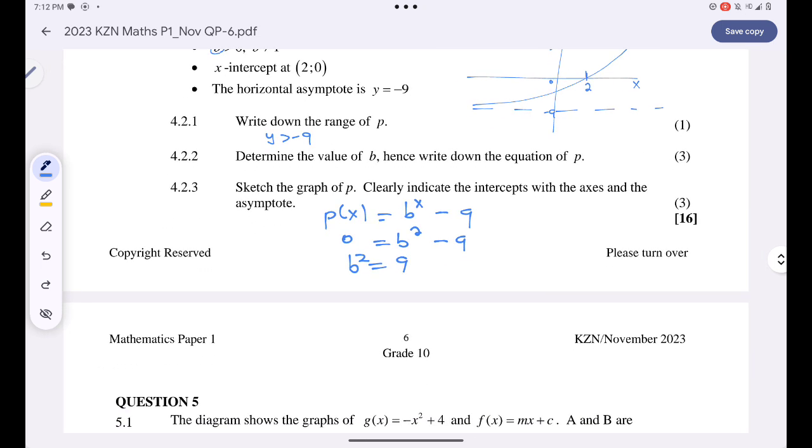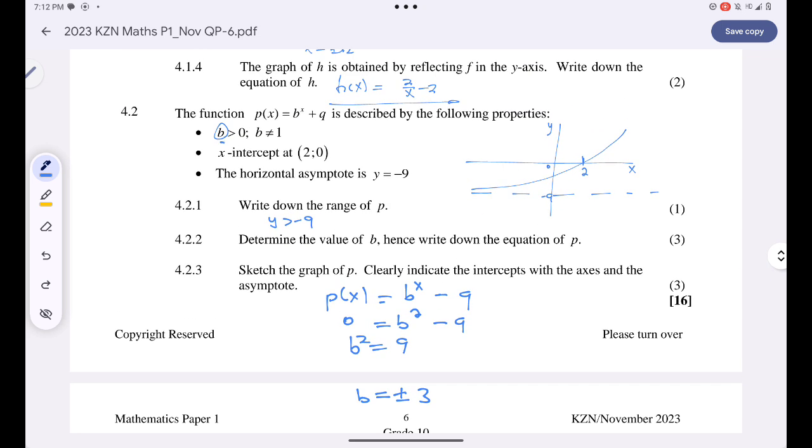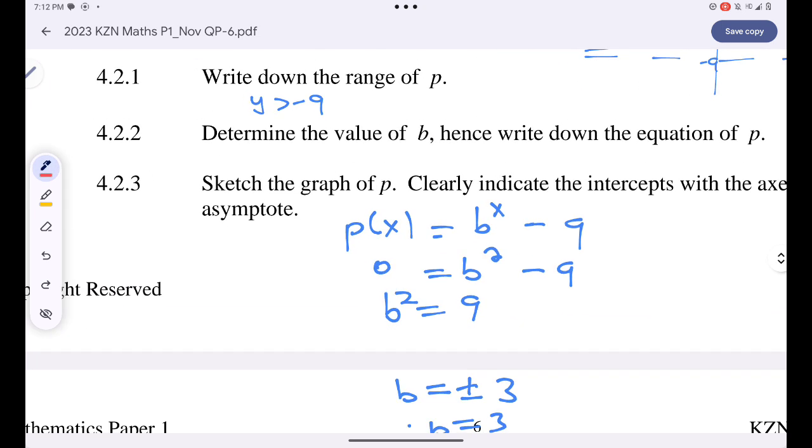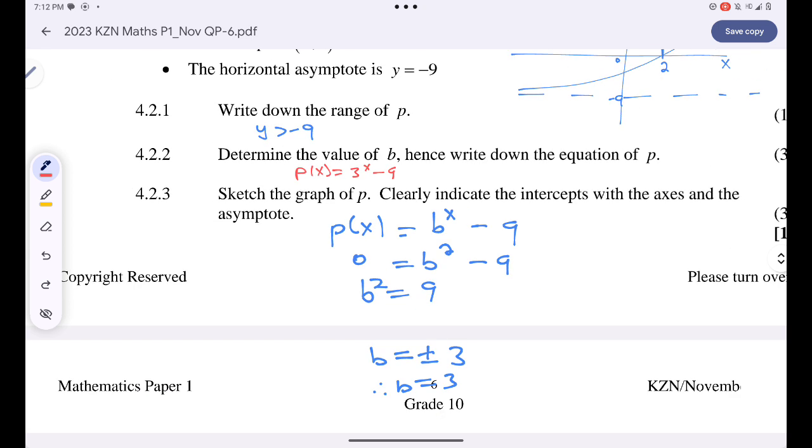I'll just take the square roots on both sides, then b will be plus or minus 3. But it was stipulated for me that b is greater than 0. So therefore, b is equal to 3. And hence the equation of p of x will be equal to 3 to the power of x minus 9.